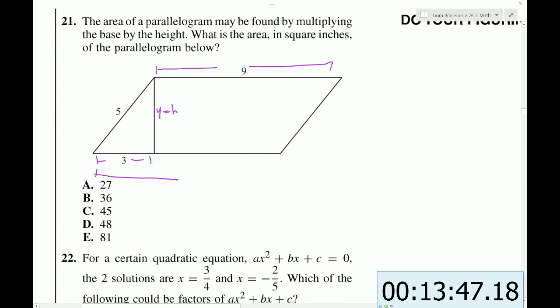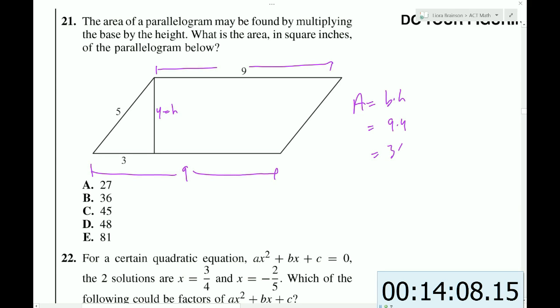Then their total base would probably equal 12. No, my mistake. It would be equivalent to the 9 that's there. So now the area would equal base times height. So it would be 9 times 4, which is 36.